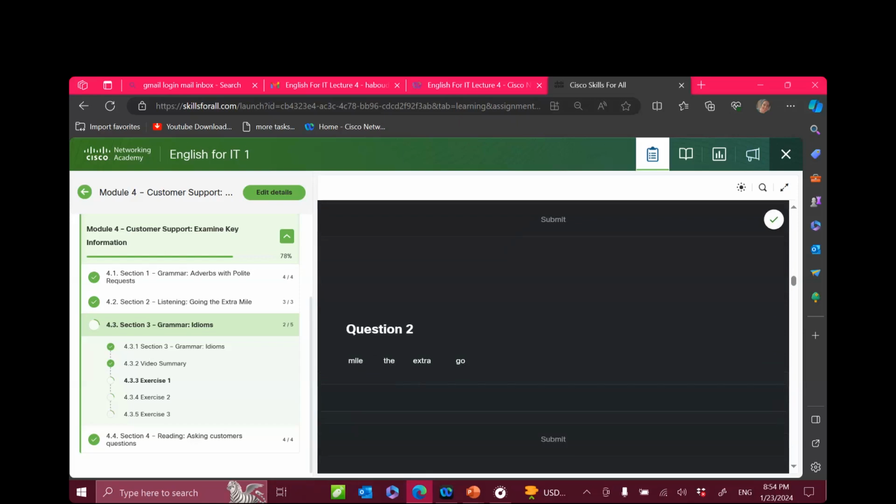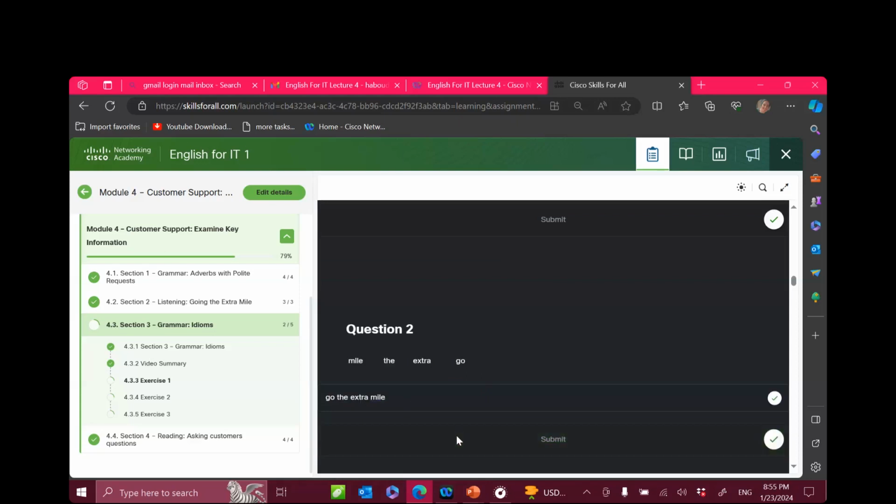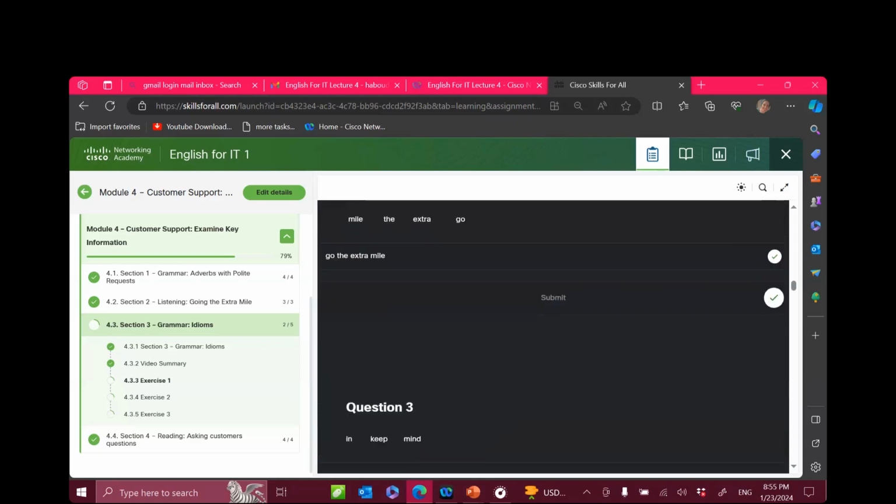Mile the extra go. What do you think? مين فاكر؟ نكتب ايه؟ Let's try this. Go the extra mile. Is that correct? Let's see. Excellent. Very good. Go the extra mile.